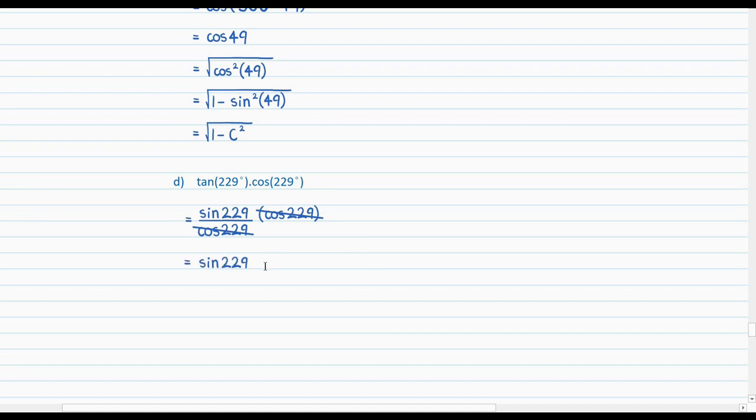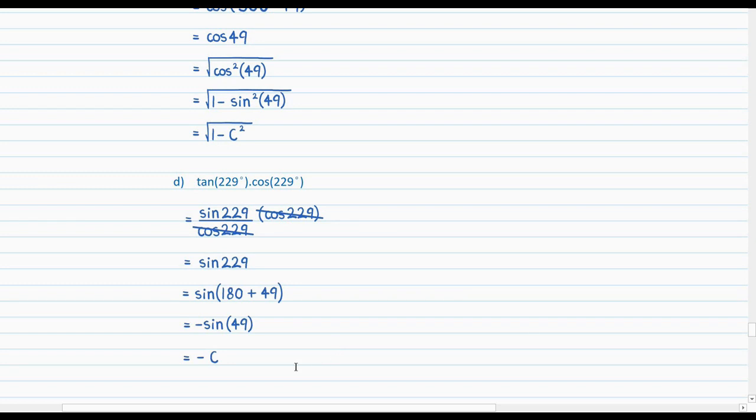And 229, we can relate it to the quadrant rule for the third quadrant, which is 180 plus theta, which in this case would be 180 plus 49. And from ASTC, we can tell that in the third quadrant, sine is negative. So this would be equal to negative sine 49, which is just negative C. And that was the final part of the question.